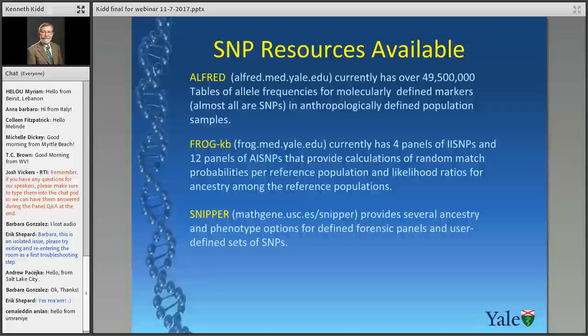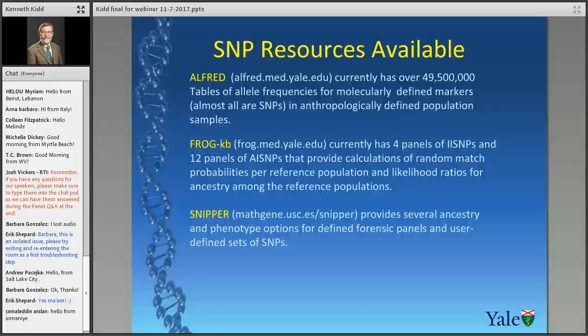SNP resources are available to the community, and my lab is responsible for ALFRED, the allele frequency database that now has, as of yesterday, over 49,500,000 tables of allele frequencies, free, available online. We've more recently established FROG-kb.